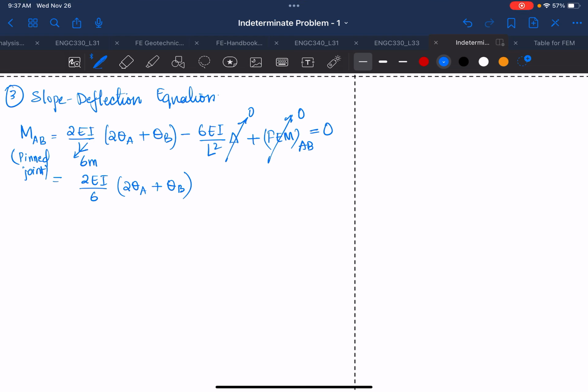The moment at A in a span AB is a pin joint at A, and a pin will not take any moment, so we have it equal to 0. So finally we'll say that this is equal to 0. So you will find that your theta A will be equal to minus 0.5 theta B.